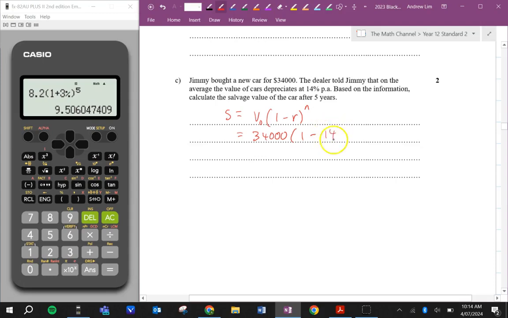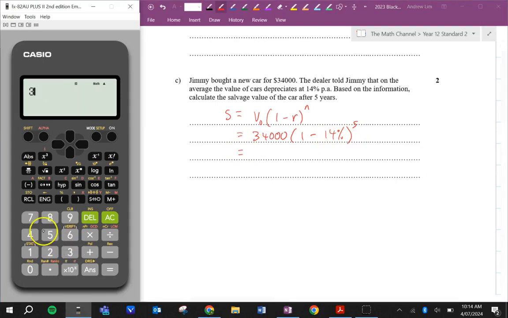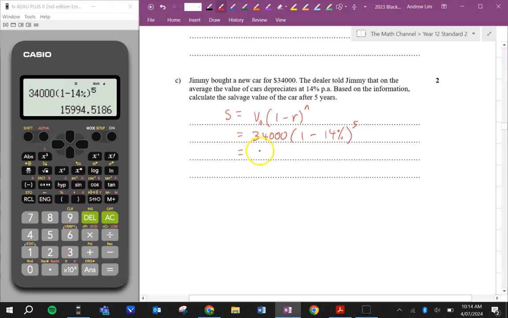Depreciates at a rate of 14% per annum for 5 years. So it'll be worth $15,994.52. All right.